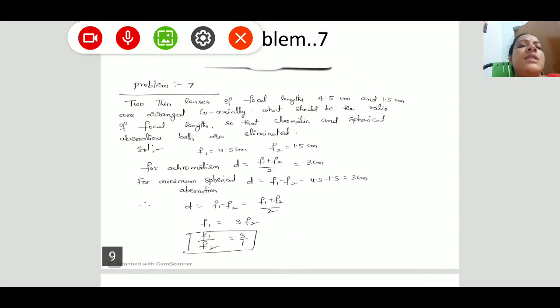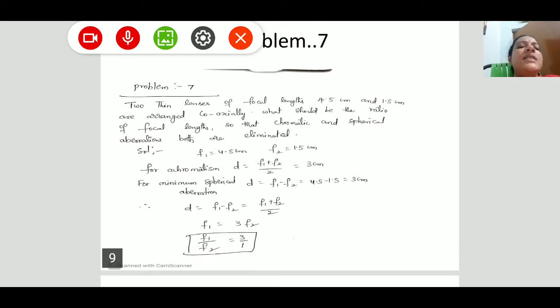Next problem: two thin lenses of focal lengths 4.5 centimeters and 1.5 centimeters are arranged coaxially. What should be the ratio of focal lengths so that chromatic and spherical aberration both are eliminated?